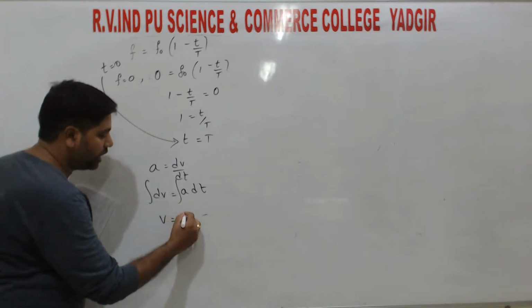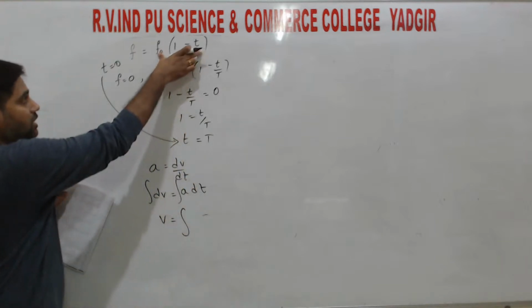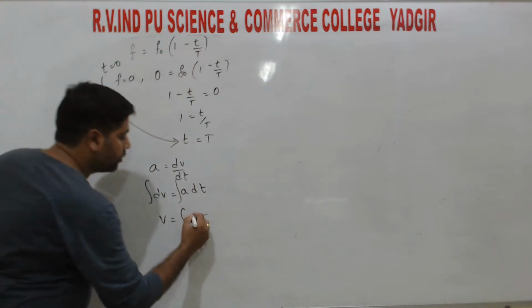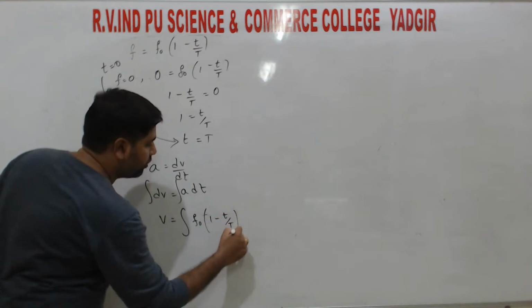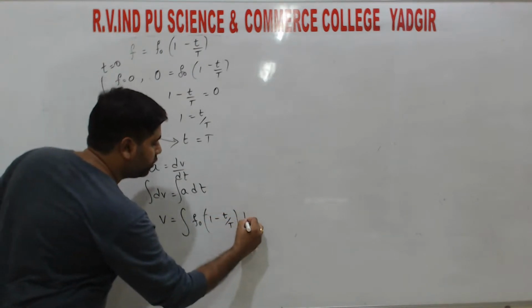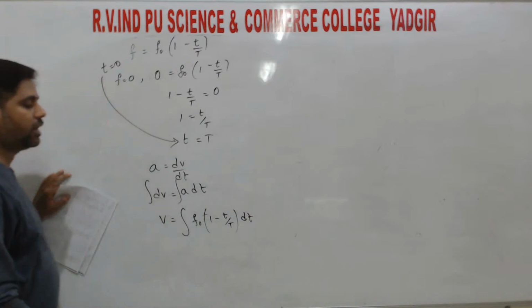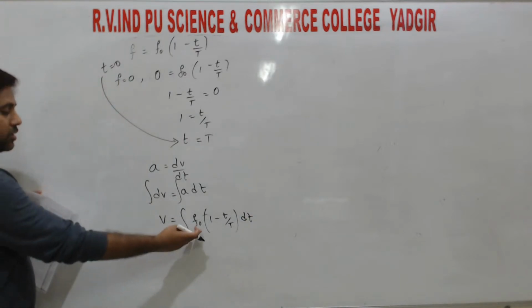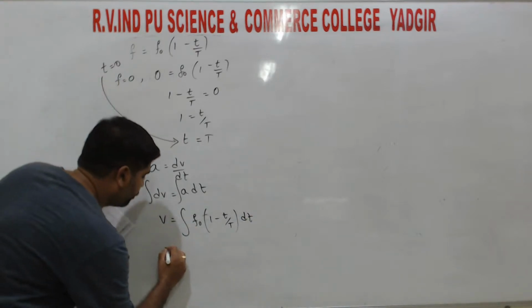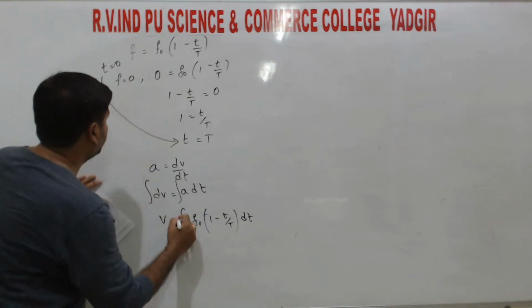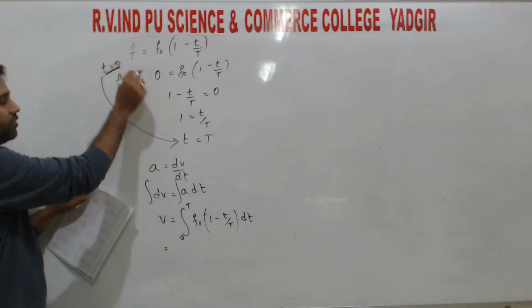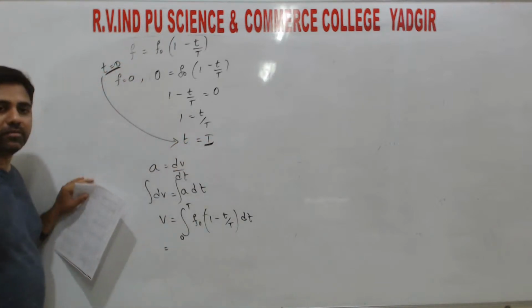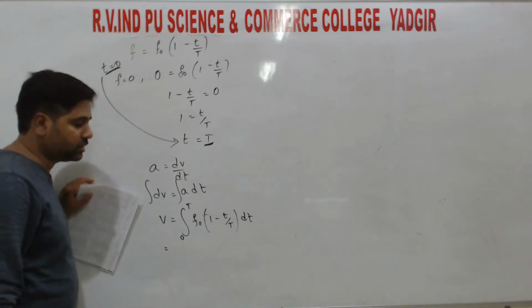So v equals integration of acceleration, the given f naught into 1 minus t divided by T into dt, right? So f naught is constant. So time varies from 0 to capital T. So initially 0 and after time T. So this we call limits.